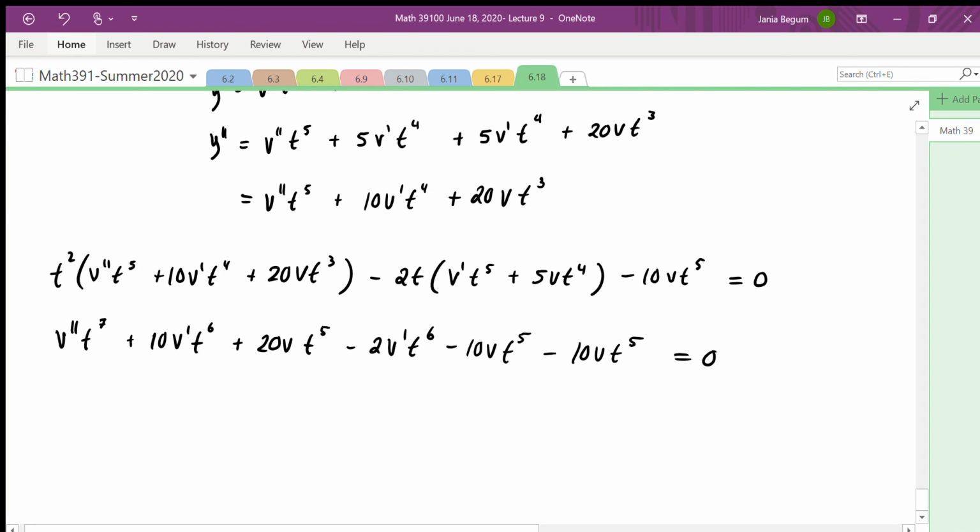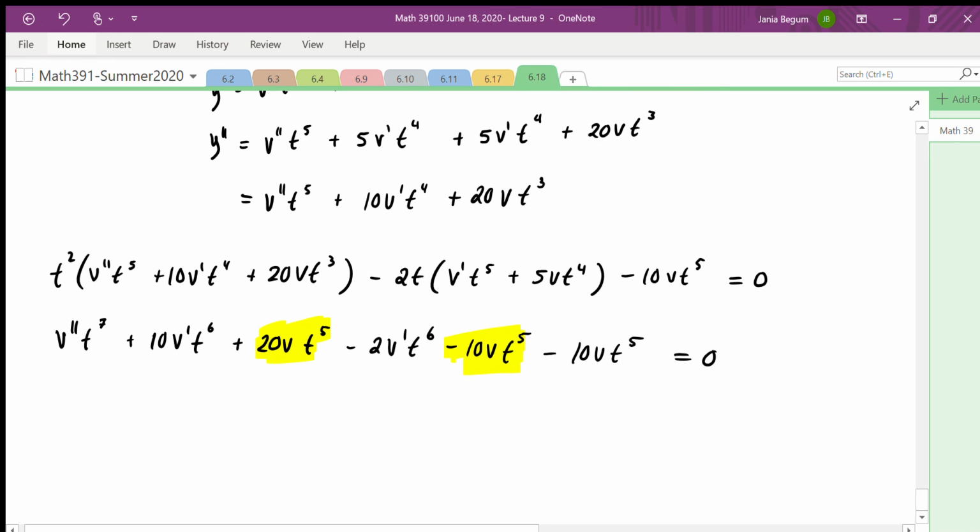Let's see if we can simplify this. Okay, so this is the part you want to be extra careful. The 20 v t to the 5th and the negative 10 v t to the 5th minus 10 v t to the 5th, they cancel out.